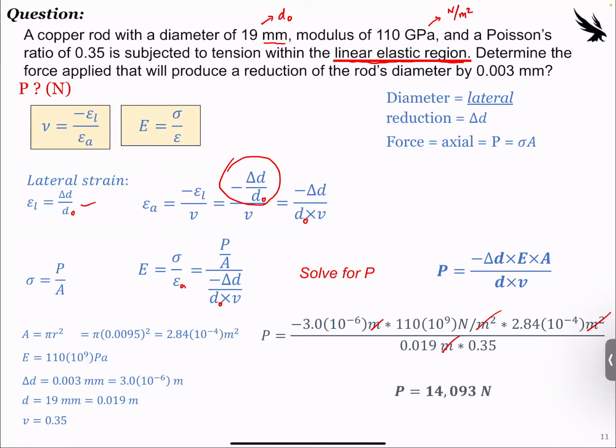So P is equal to 14,093 Newtons, or 14 kilonewtons. This would be the axial force that would cause this copper rod, with the geometry and material properties given, to have a reduction of diameter of 0.003 millimeters.